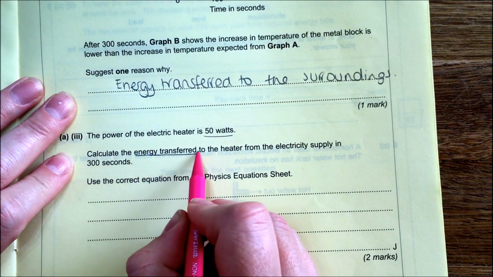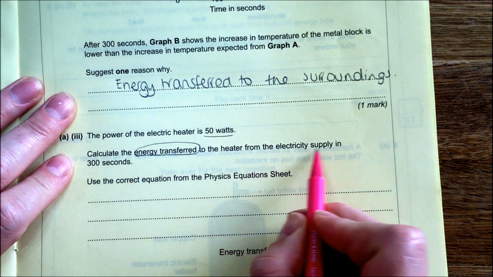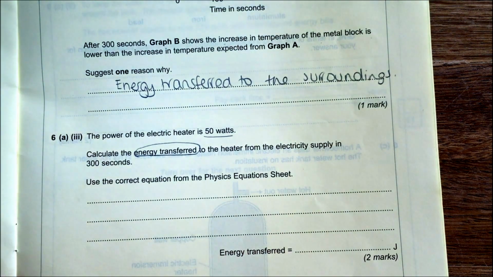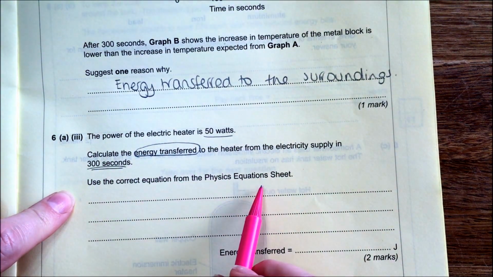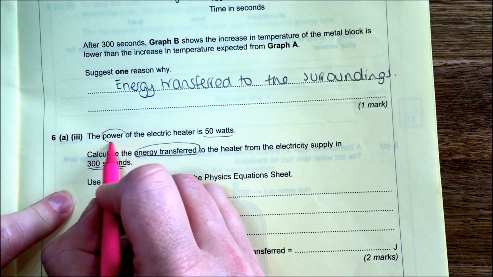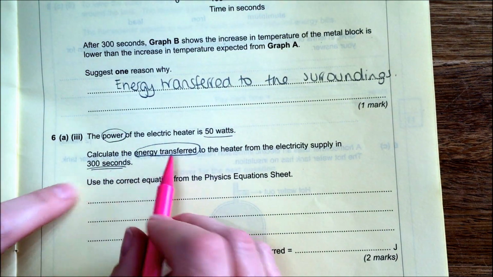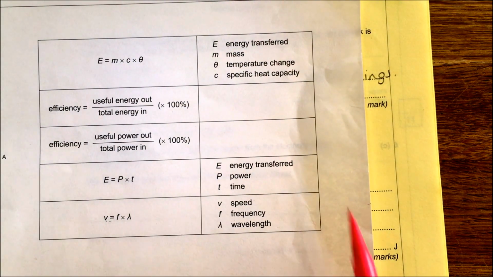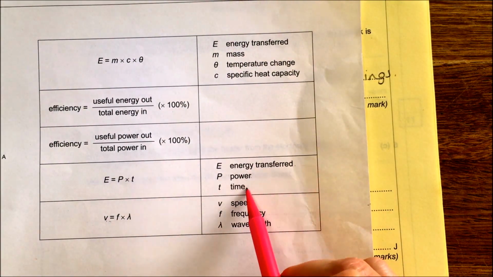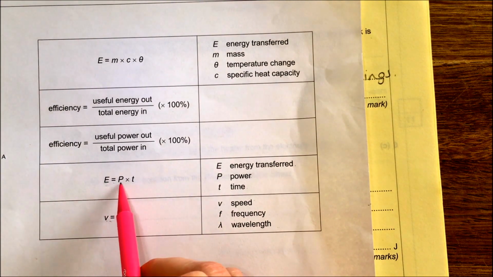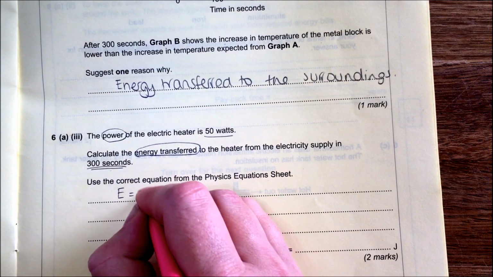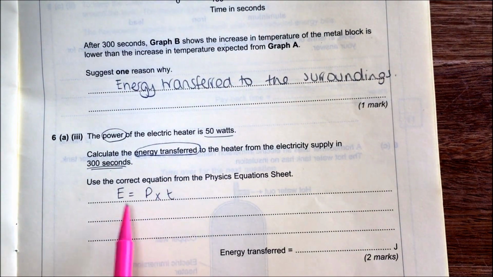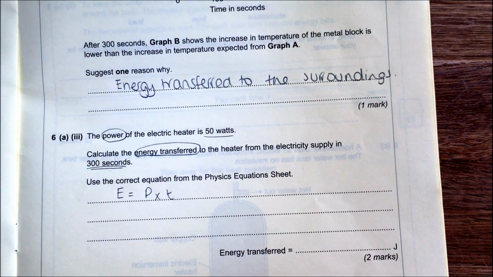Calculate the energy transferred to the heater from the electrical supply in 300 seconds. Use the correct equation from the physics equation sheet. So I've got power, I've got time, and I need energy transferred. Let's have a look at the equation sheet, which one we want to use. Well, here I've got energy transferred, power and time. So I'm going to use E equals P times T. I want to find energy transferred, so I don't need to rearrange.